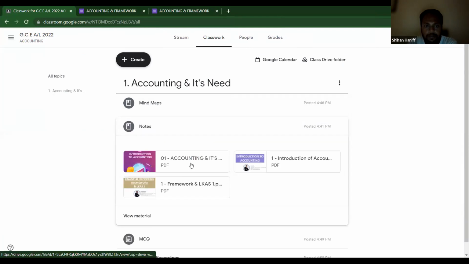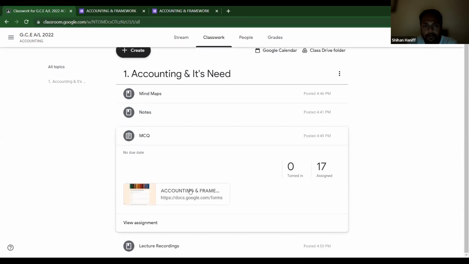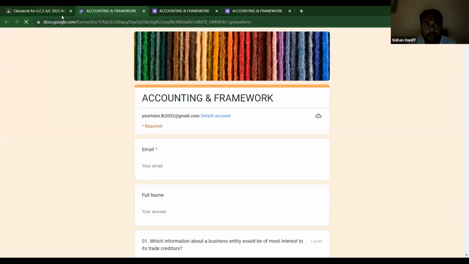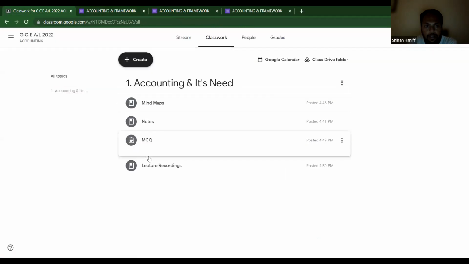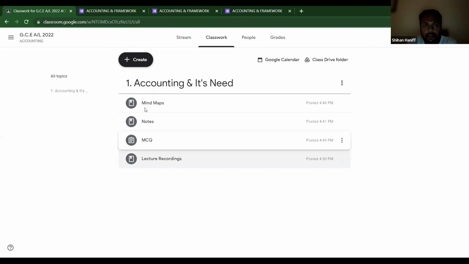And the notes, there are two PowerPoint presentations, and the online MCQ. Once you click the MCQ, it goes to the MCQ part. Then the lecture recordings: once I am done with the session, I will upload the lecture recording here. So you will have everything in this classroom, even in your mobile. If anyone has doubts, drop me a message.